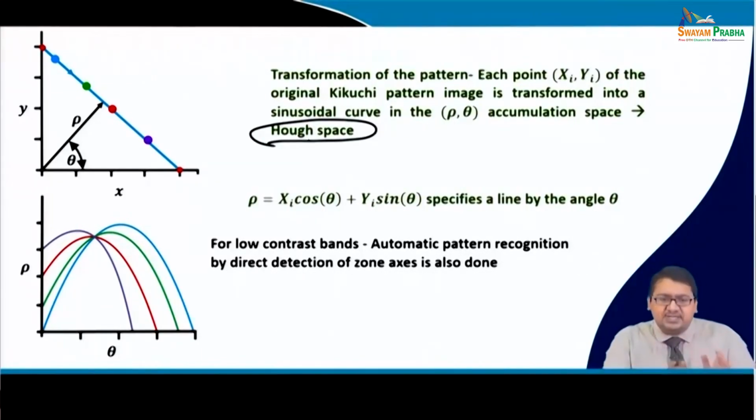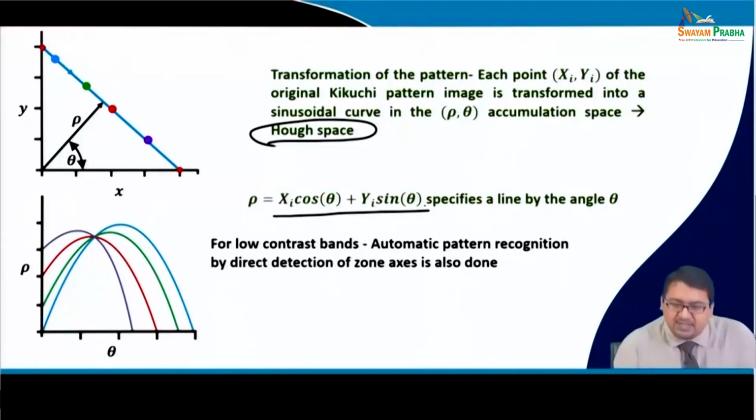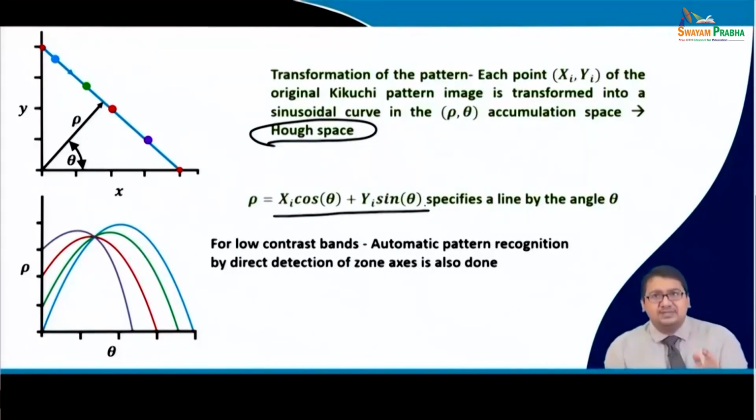So, as I said that in this case rho is equal to x cos theta plus y sin theta, right, and it specifies a line which is at an angle theta from its normal, and the angle theta is with respect to the x axis, which is RD.